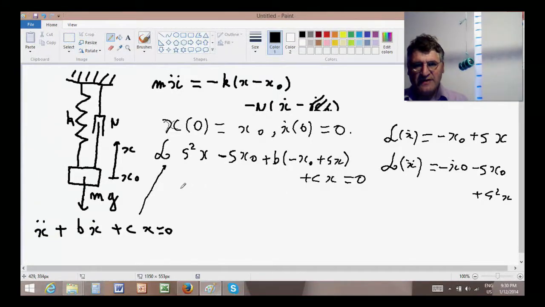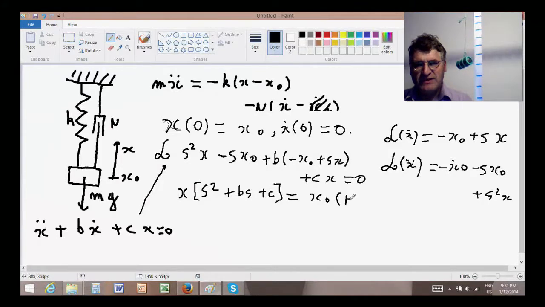Now, if I put the x's on one side, I obtain that x times s squared plus b s plus c must be equal to all that is on the right hand side, which is x0 times b plus s.